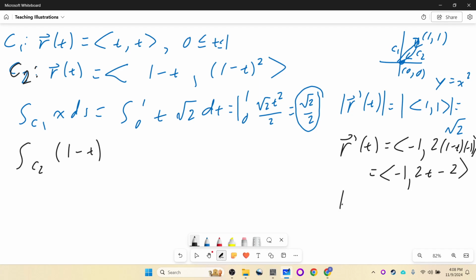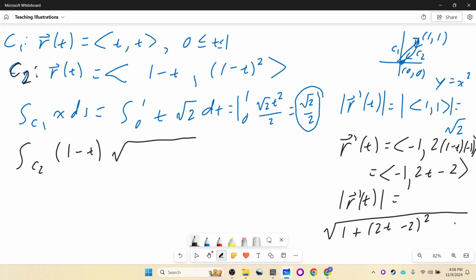All right, so the length of r prime of t would then be the square root of 1 plus 2t minus 2 squared. So what we get here is, let's see, 1 minus t times, let's expand that out a bit, make it 1 plus 4t minus 1 squared.